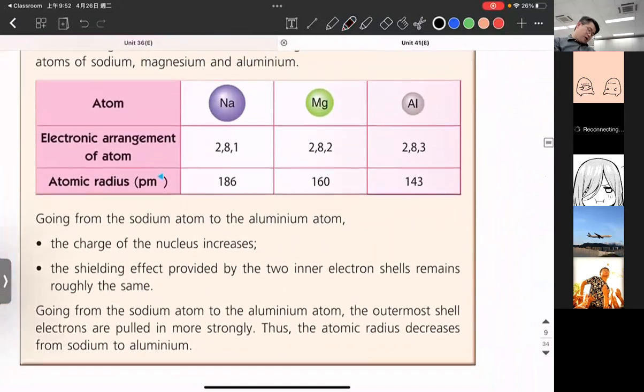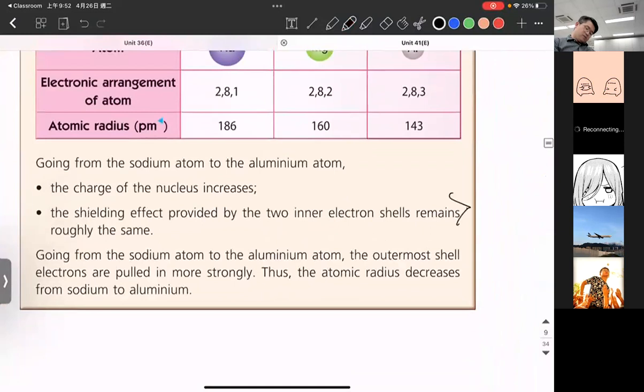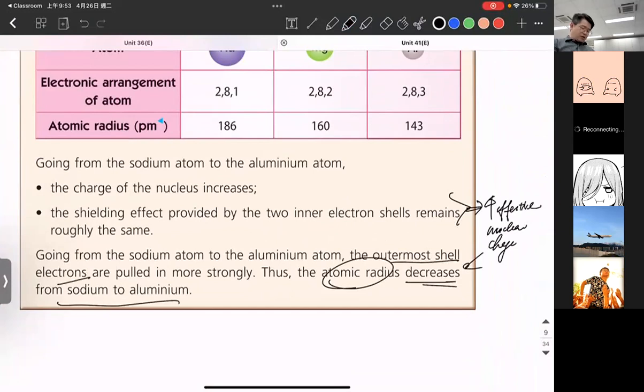Overall, we have got an increase in effective nuclear charge, resulting in the atomic radius decreasing across the period. Why? Because the outermost shell electrons are pulled in towards the nucleus more strongly. Do you understand?